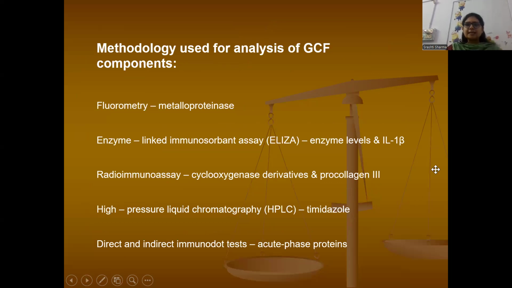It analyzes enzyme levels and interleukin-1 beta. Radioimmunoassay, it analyzes cyclooxygenase derivatives and pro-collagen 3. High pressure liquid chromatography, it analyzes tinidazole. Direct and indirect immunodot test, they analyze acute phase proteins.